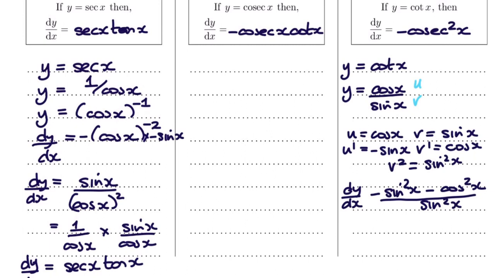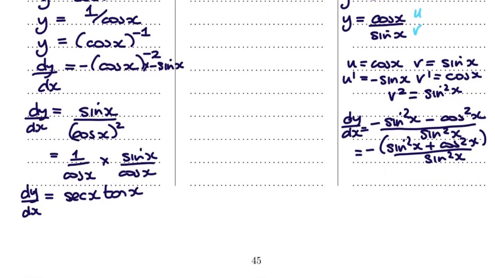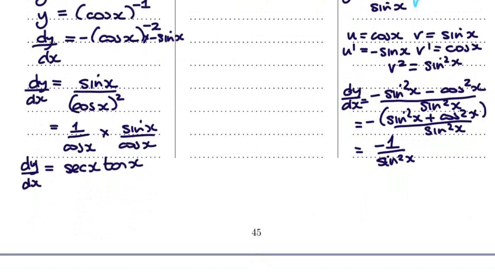Then I'm going to pull out common the negative 1, so I get sine squared x plus cos squared x over sine squared x. And sine squared x plus cos squared x is 1, so it's negative 1 over sine squared x, which of course is what we want, which is negative cosec squared x.